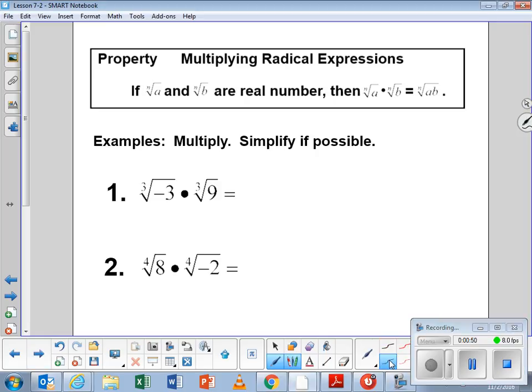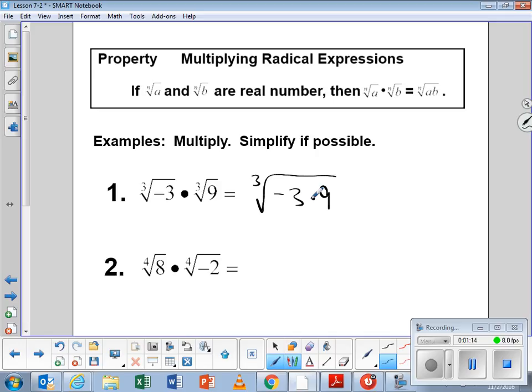So this means that the cube root of negative 3 times positive 9 could be rewritten as the cube root of negative 3 times 9. Now, these numbers are not difficult for you.